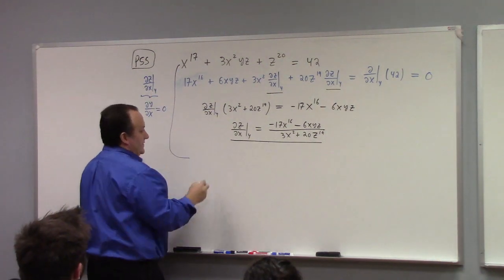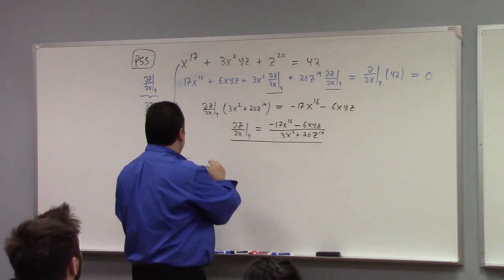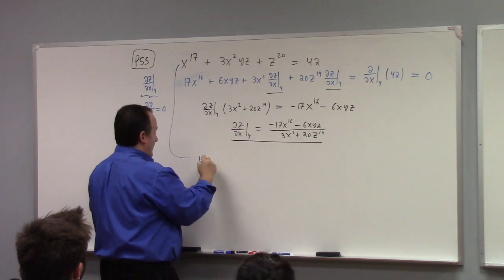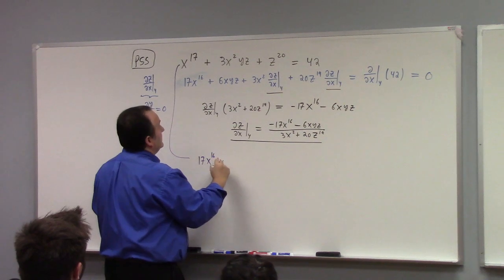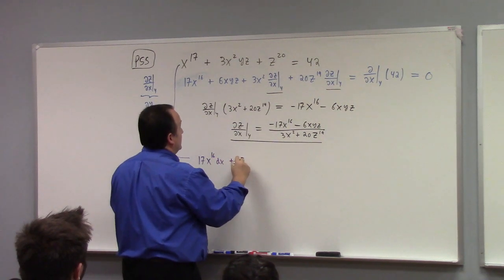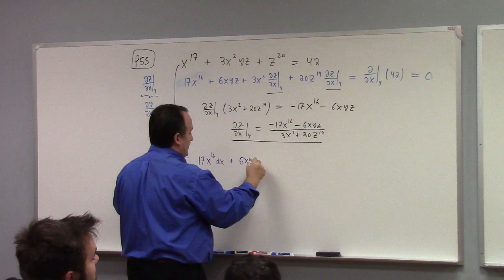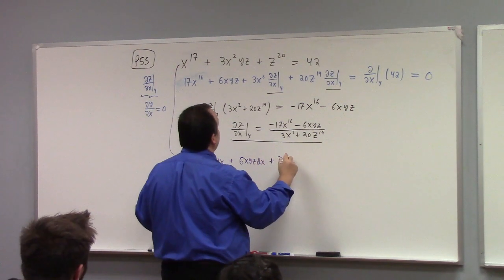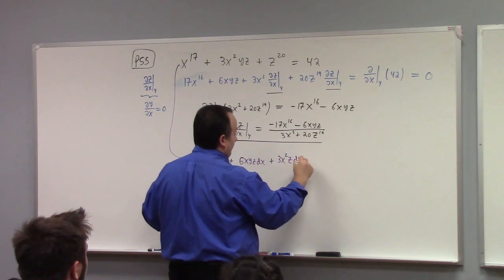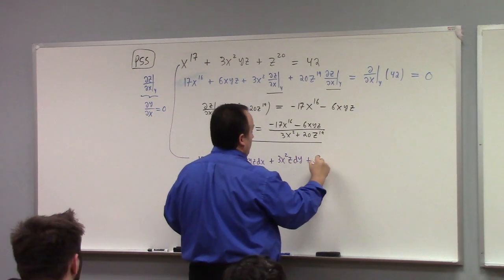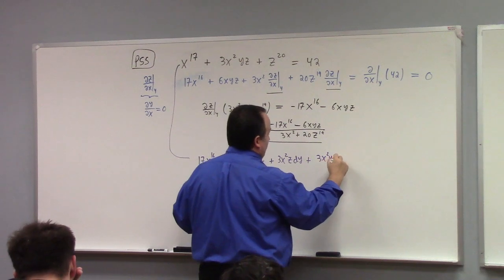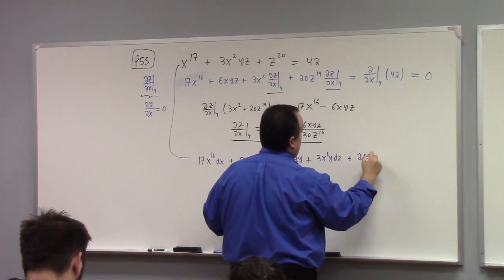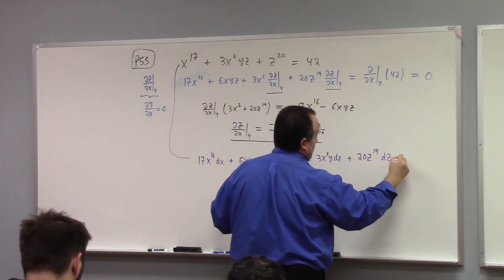The total differential of this is 17x to the 16th dx plus 6xyz dx plus 3x squared z dy plus 3x squared y dz plus 20z to the 19th dz equals 0.